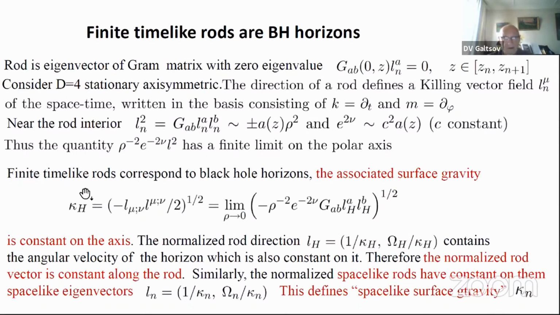Now, finite time-like rods correspond to black hole horizons, and the associated surface gravity is usually defined as follows. This vector is defined only on the axis, but of course it can be prolongated outside the axis, and it defines the Killing vector of the space-time.